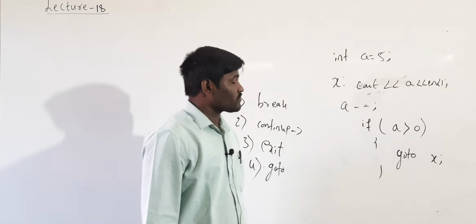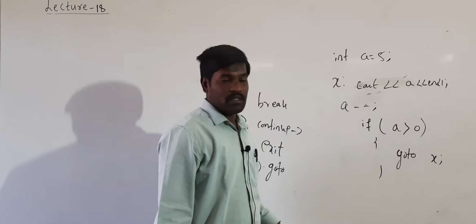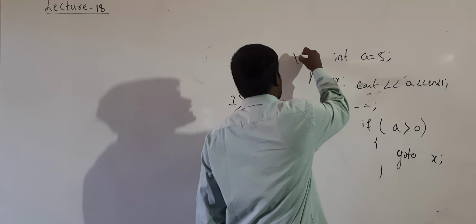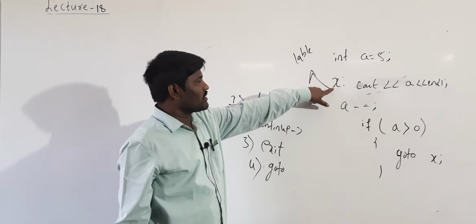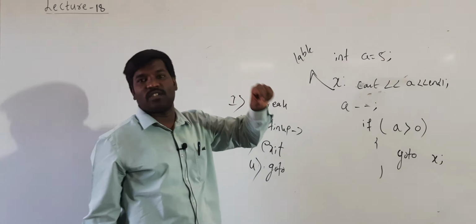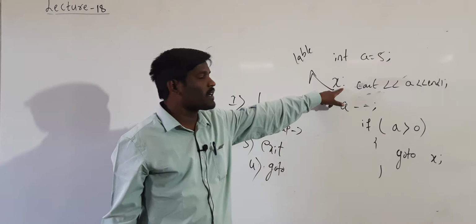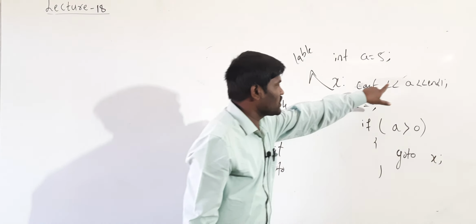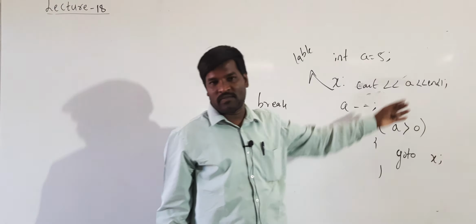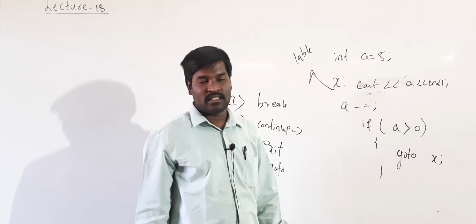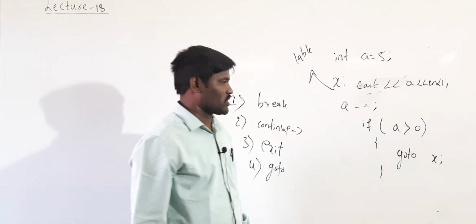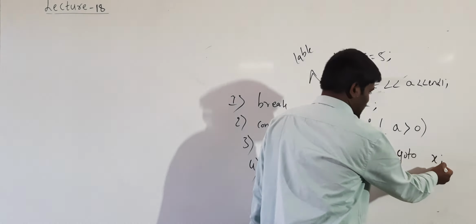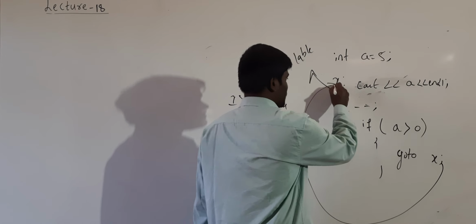See here, a value is 5, here x is the label. It cannot be declared directly, you have to put a colon. x: cout a value is 5, it will print 5. Next a minus minus, a becomes 4. 4 is greater than 0, the condition is true. True means goto x. Again it will come here.